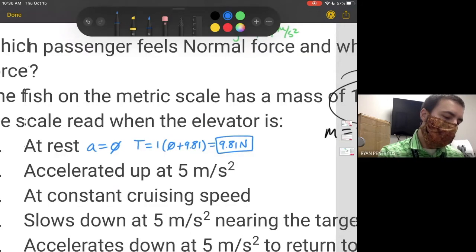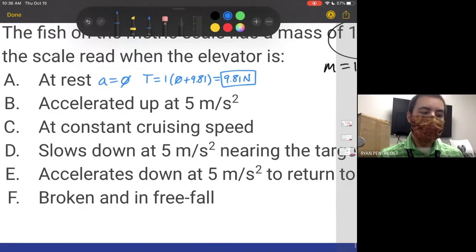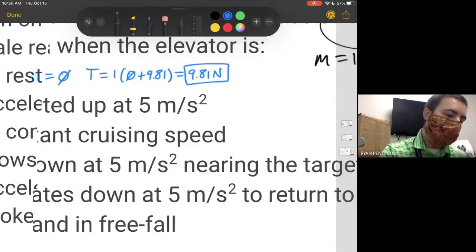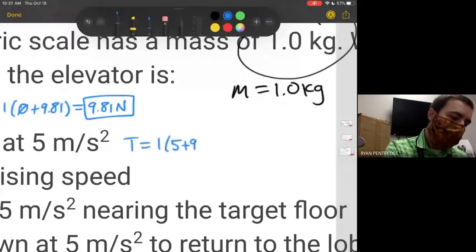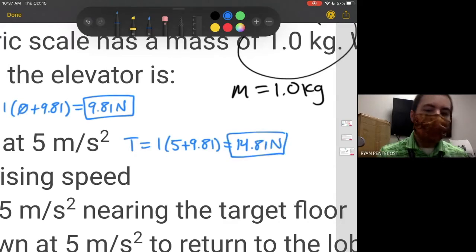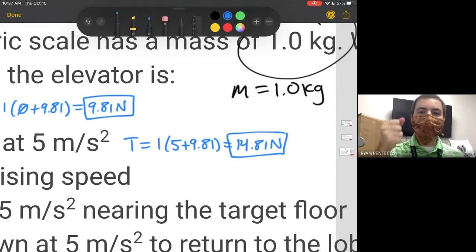Now part B, okay? What happens when the elevator is accelerated up at 5 meters per second squared? Well, that tension, now we have 5 plus 9.81. That's going to register at 14.81 newtons. Now, let's think about that, right? As the elevator goes up, that fish has a little bit of inertia, so it wants to stay put, but the scale starts taking off without it, right?